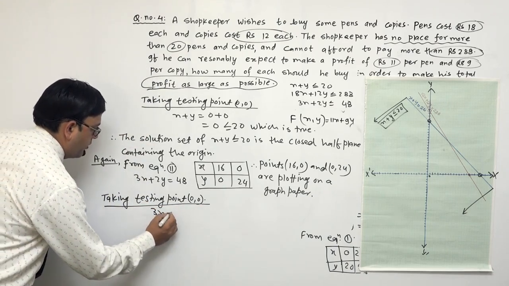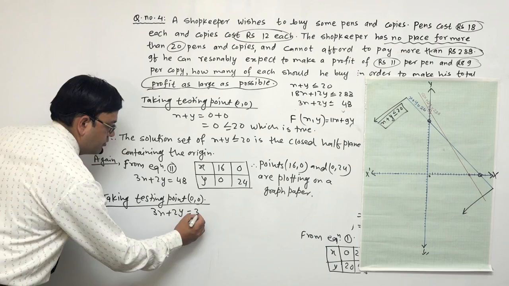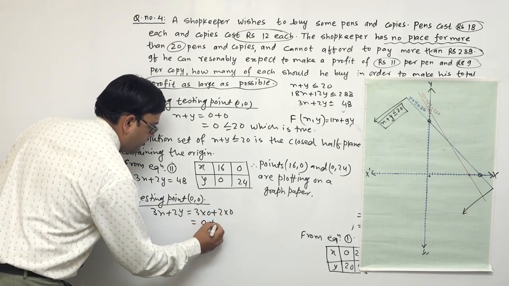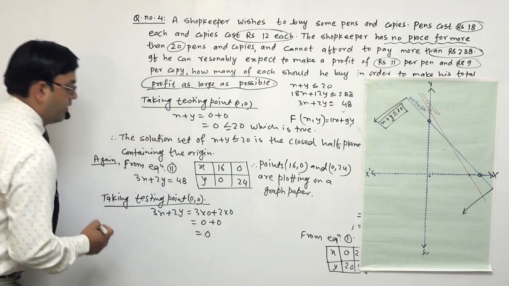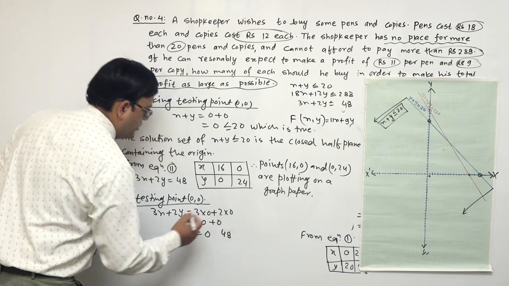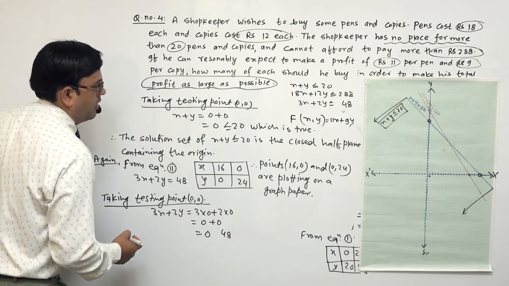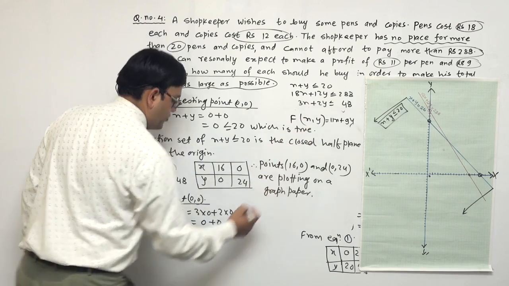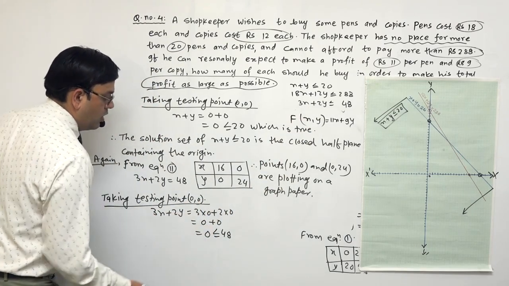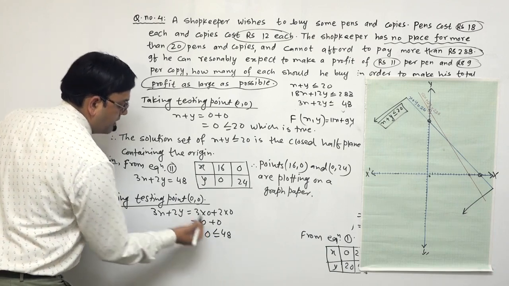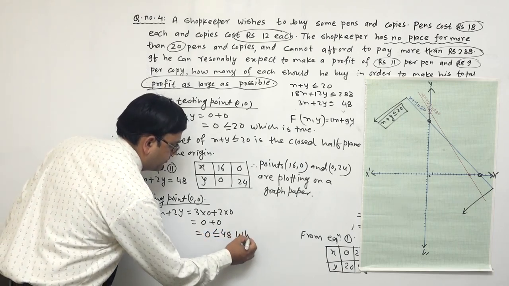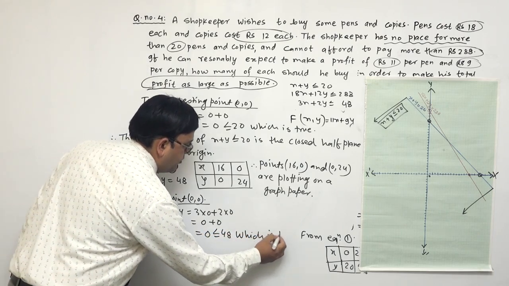So 3x plus 2y is equal to 3 times x, which is 0, plus 2 times y, which is also 0. So 0 plus 0 is also 0. Here is 48, so we write here also 48, and then here less or equal to 48, which is the inequality in our question. Now see, 0 is smaller than 48, which is true.